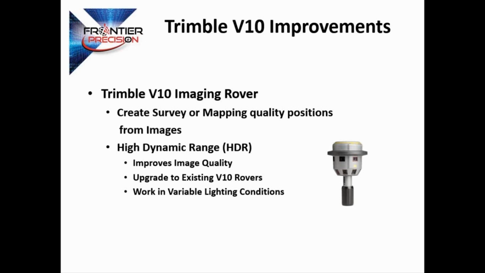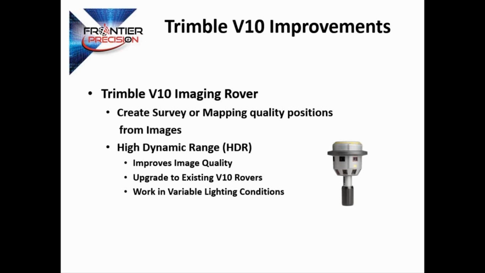So essentially I can go outside and I can capture an intersection from several different locations or several different points of view, and from those points of view I can go into Trimble Business Center and I can create positions on those points of interest from those high quality images.